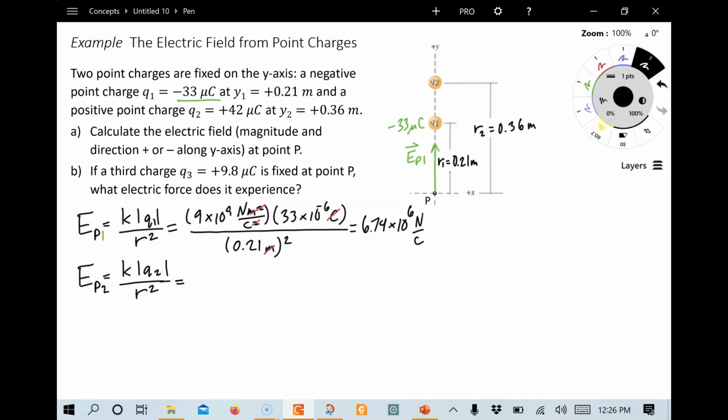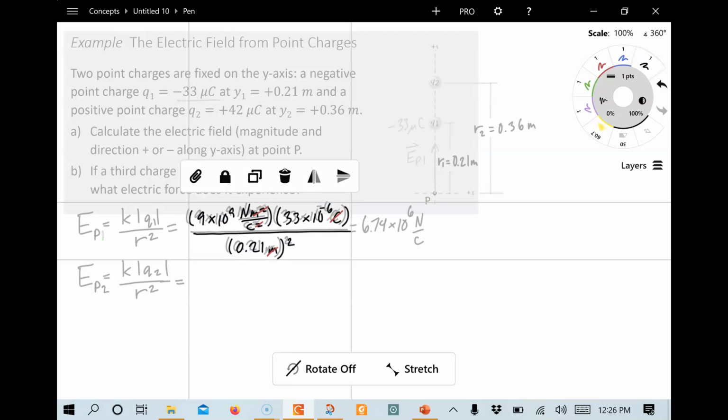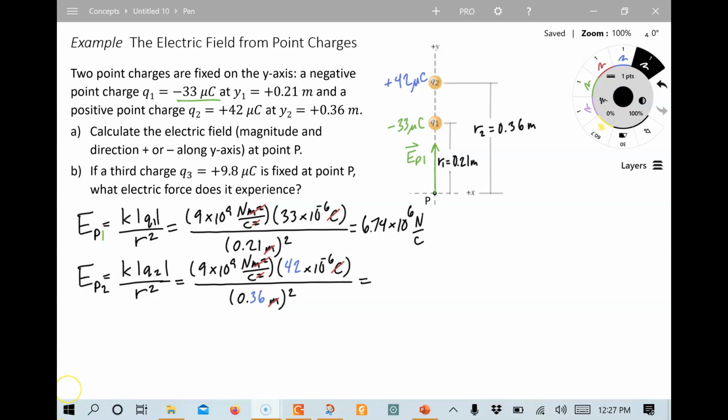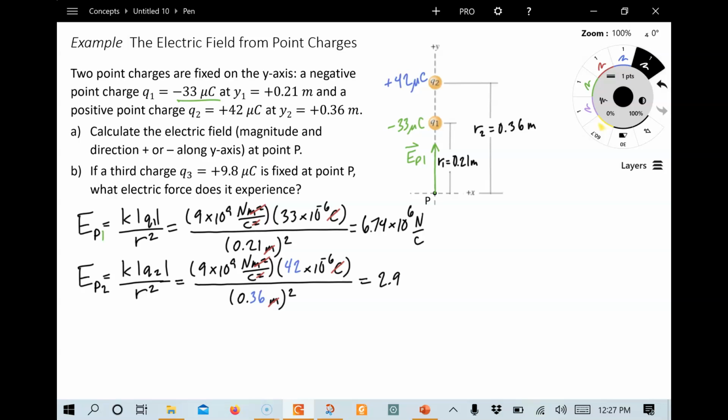Plugging those numbers in, charge 2 is plus 42 microcoulombs, so that changes to a 42, and this distance here is going to be 0.36. We put that into the calculator and get a value of 2.92 times 10 to the 6th newtons per coulomb.